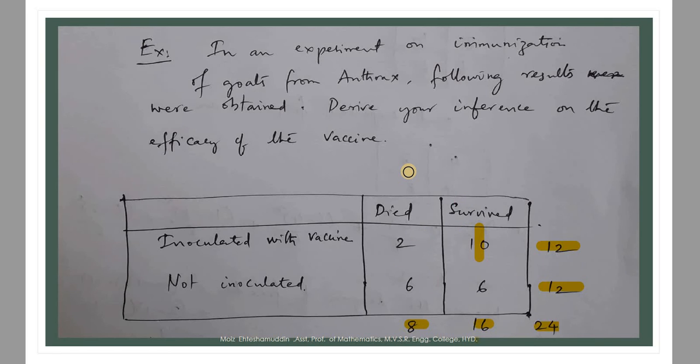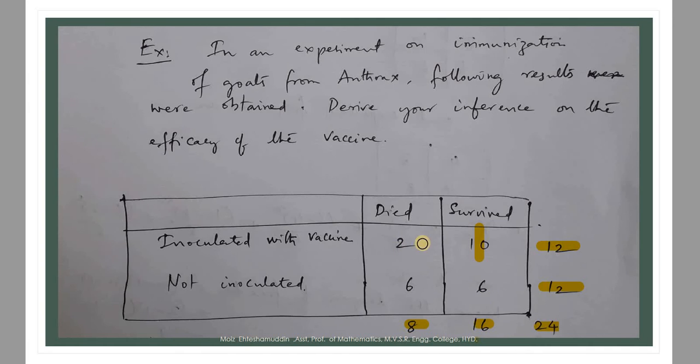Now comes the main point: this 2 indicates that goats were vaccinated but still died, and this 10 indicates that these 10 goats were vaccinated and they survived. This 6 indicates that they were not vaccinated but still died, and the last one is understood as not inoculated but still survived.